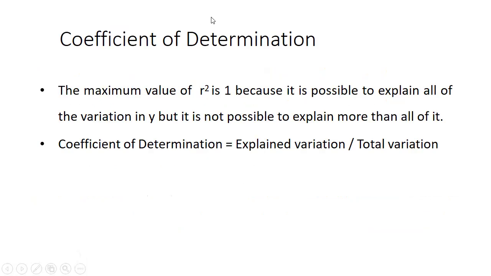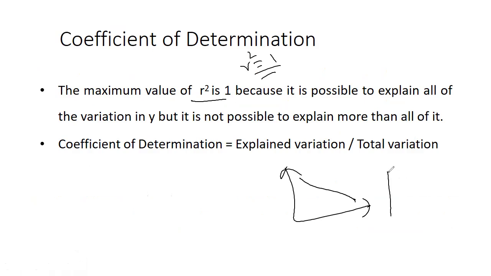The maximum value of the coefficient of determination, R square, equals 1. It may be positive correlation or negative correlation.